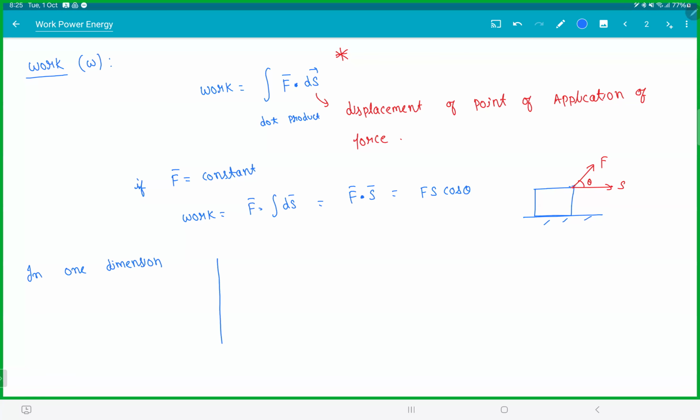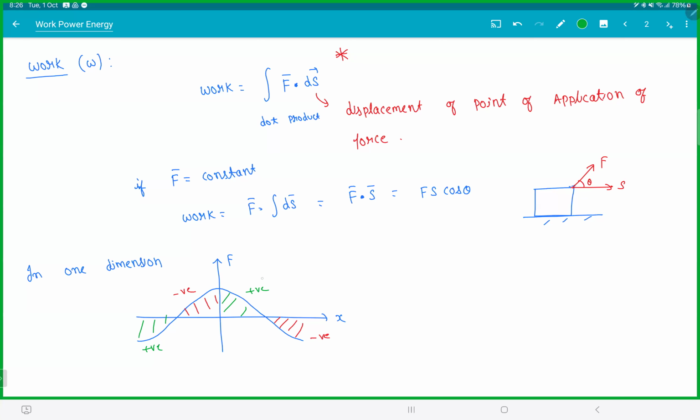In one dimension, if you plot an F-x graph, interestingly, you can have a graph in all four quadrants. You know why? Previously we used time, right? Time can't be negative, but displacement can be positive or negative. So look at the graph. This is a negative area, this is a negative area, this is a positive area, this is a positive area.